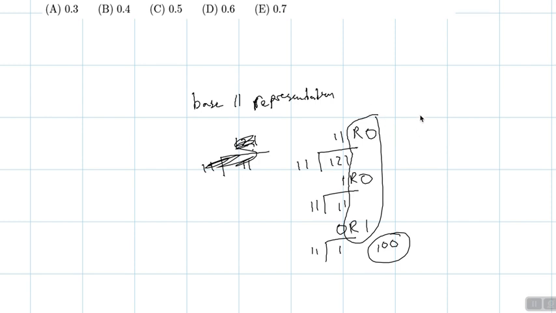So the smallest value that n could be is going to be 121. So we know n is greater than or equal to 121.